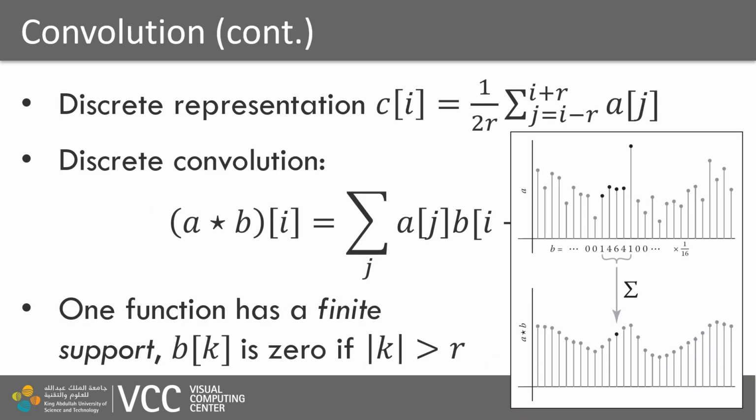Let's have a look at more examples of a convolution. For example, a filter which we use, which is similar to the moving average, which is, however, giving more weight, if you like, to some parts of its area of influence.